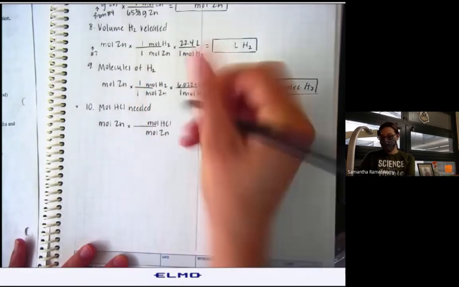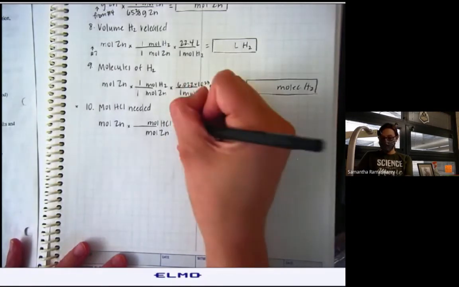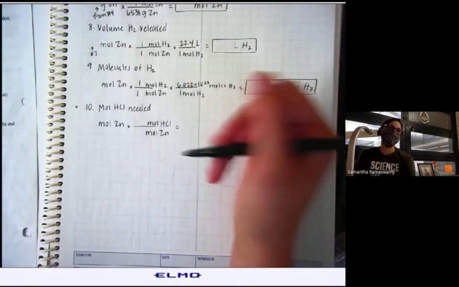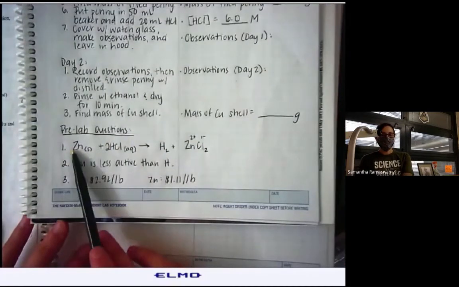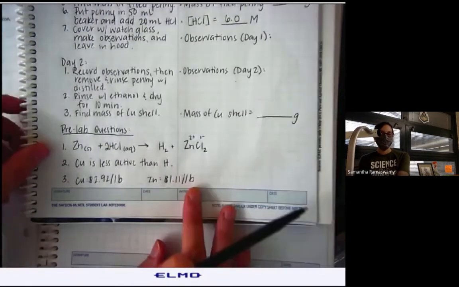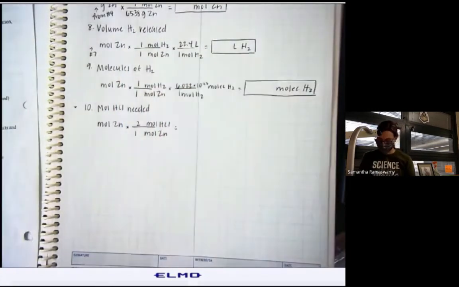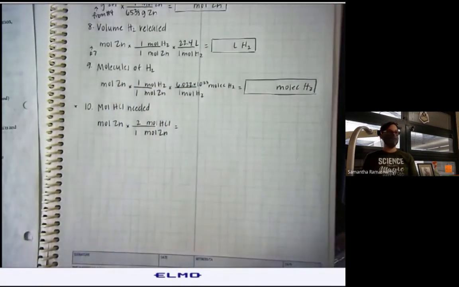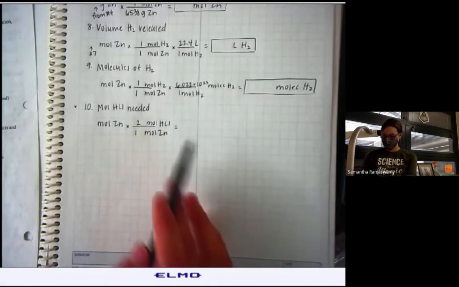When you want to go from one substance to another, you have to use the mole ratio. And this mole ratio always comes from a balanced equation. So again, if we look at our balanced equation, it's 1 mole of zinc to 2 moles of HCl. So 1 mole of zinc to 2 moles of HCl. And then that's it. Because moles of zinc cancels, we're left with moles of HCl.